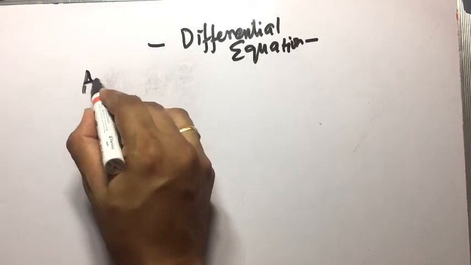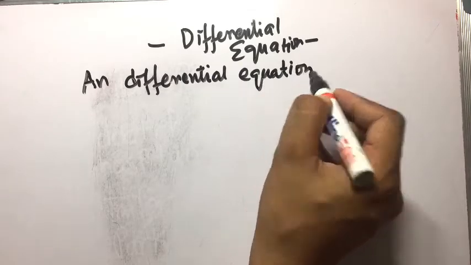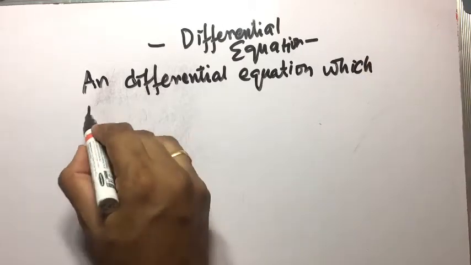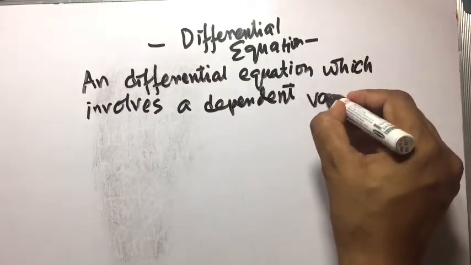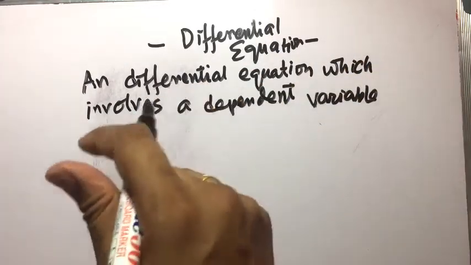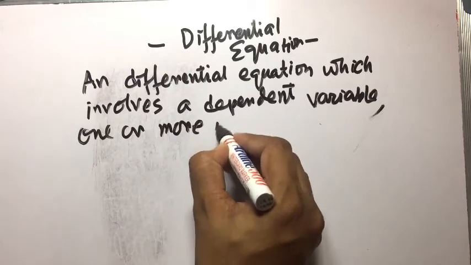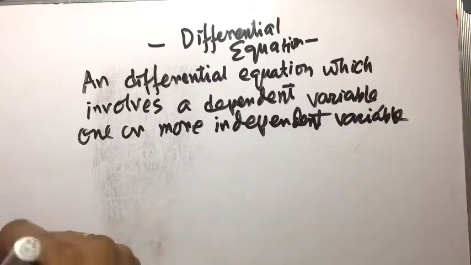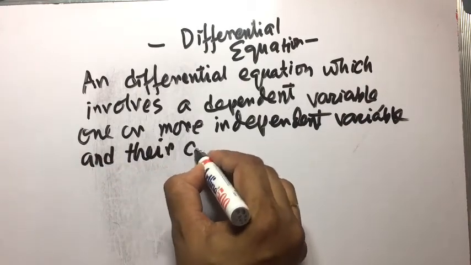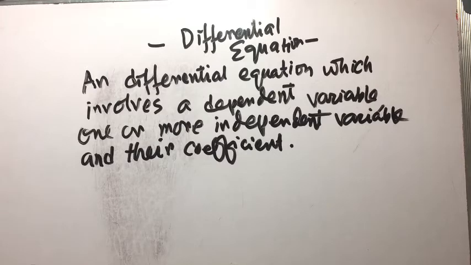What is a differential equation? A differential equation involves a dependent variable, one or more independent variables, and their coefficients or differentials.